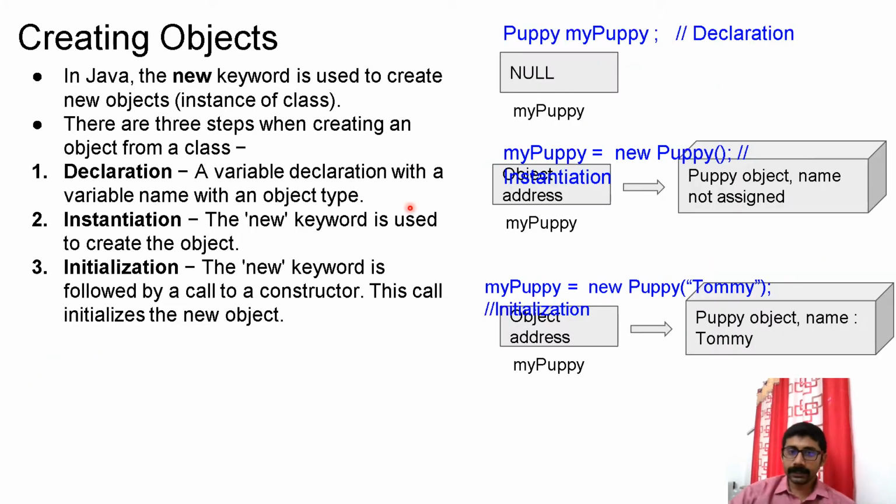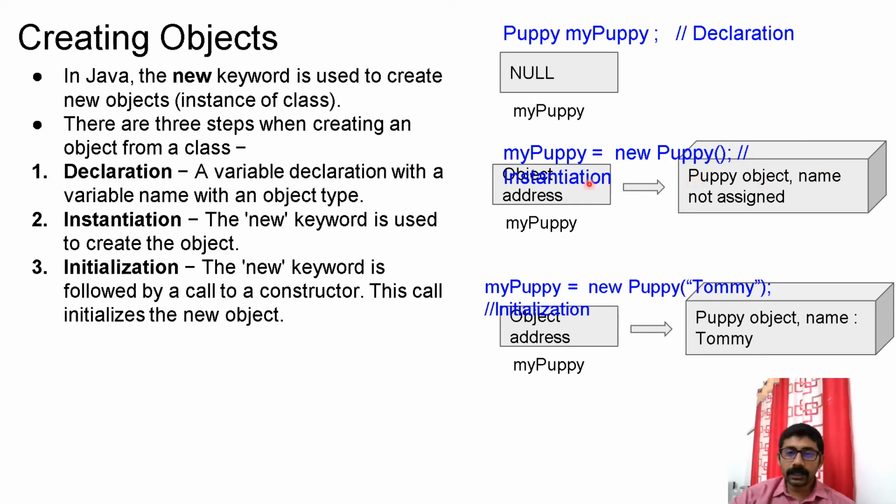So the effect is something like this. The declaration Puppy myPuppy is not creating any object. That means you are creating a reference variable, and that reference variable is not pointing to any object, so initially its value will be null. When you execute the statement myPuppy equal to new Puppy, a new object is created, but in that, the name is not assigned.